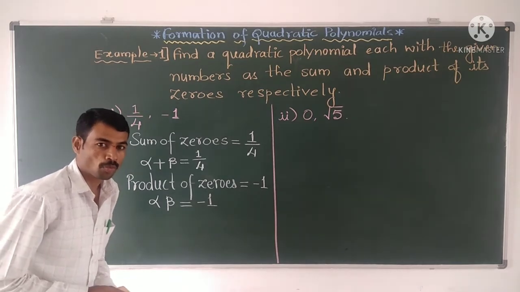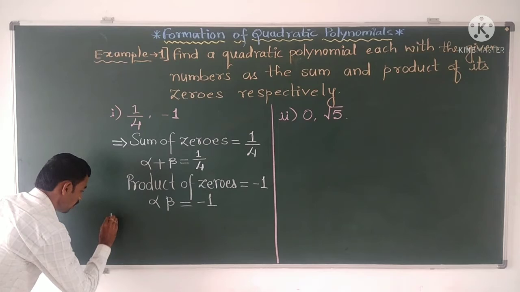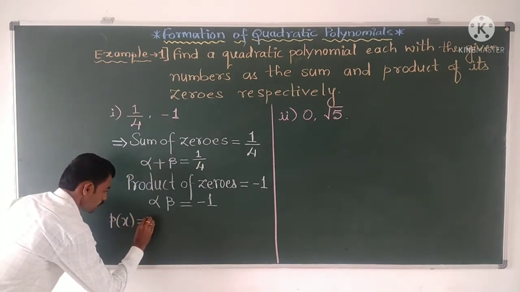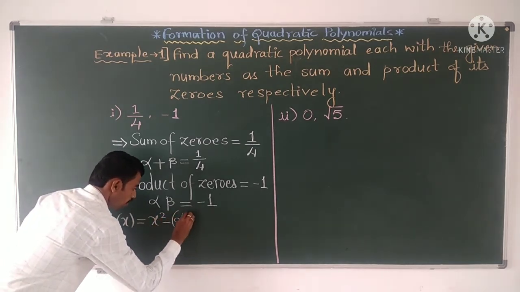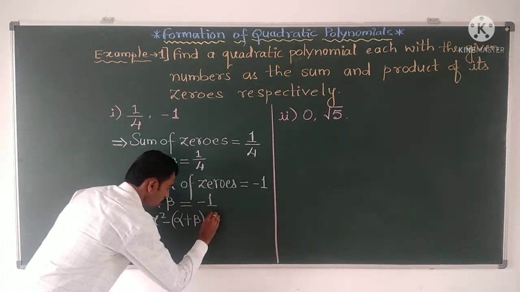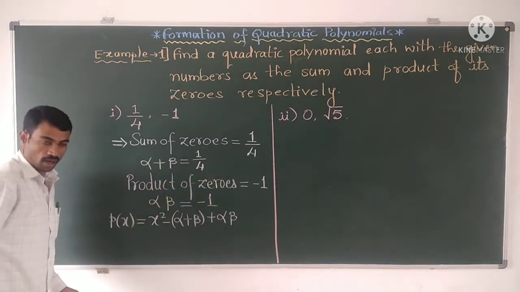Now we have a formula. What is that formula? P of x is equal to x square minus alpha plus beta, that is the sum of zeros, x plus alpha into beta.